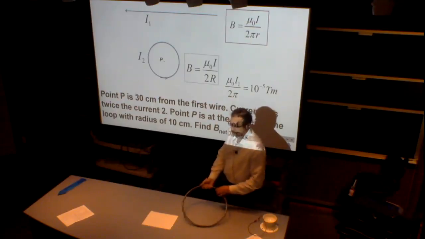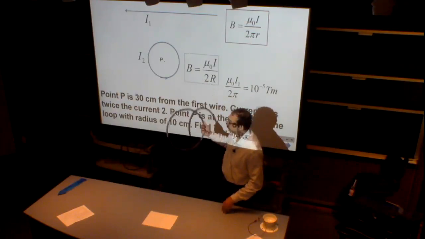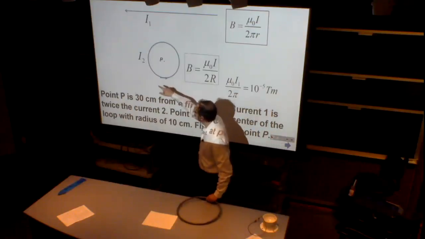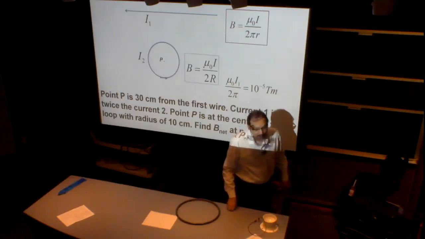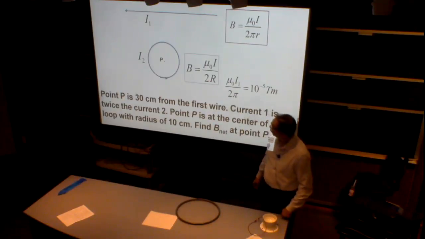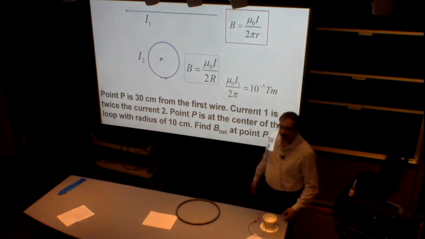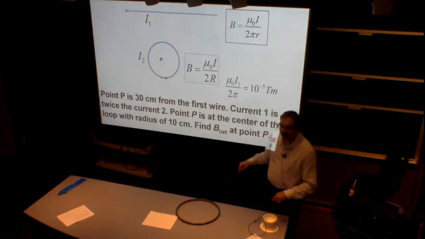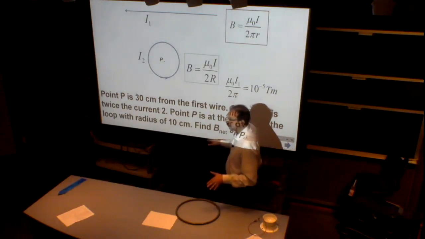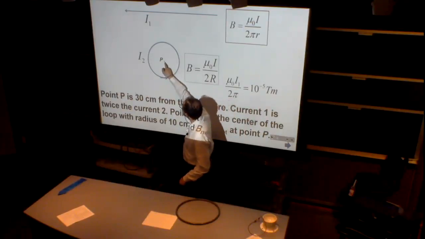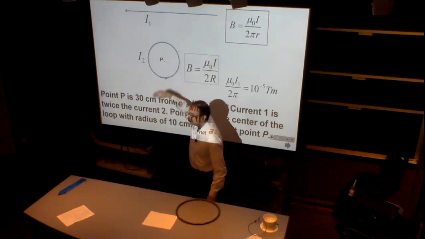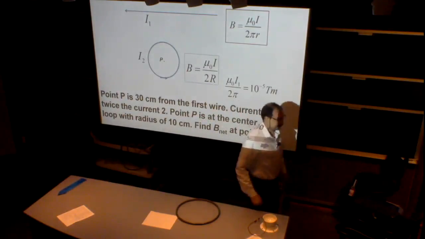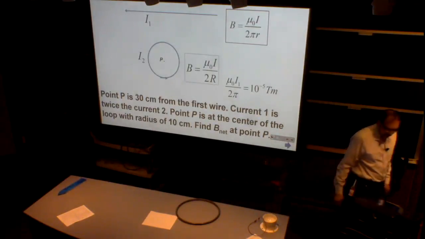And the second source is a circular loop with electric current traveling counterclockwise. That's how we call that direction. Each source generates its own magnetic field everywhere, including this point. This point is the middle point of the circle, but also this point is spaced away from the wire.